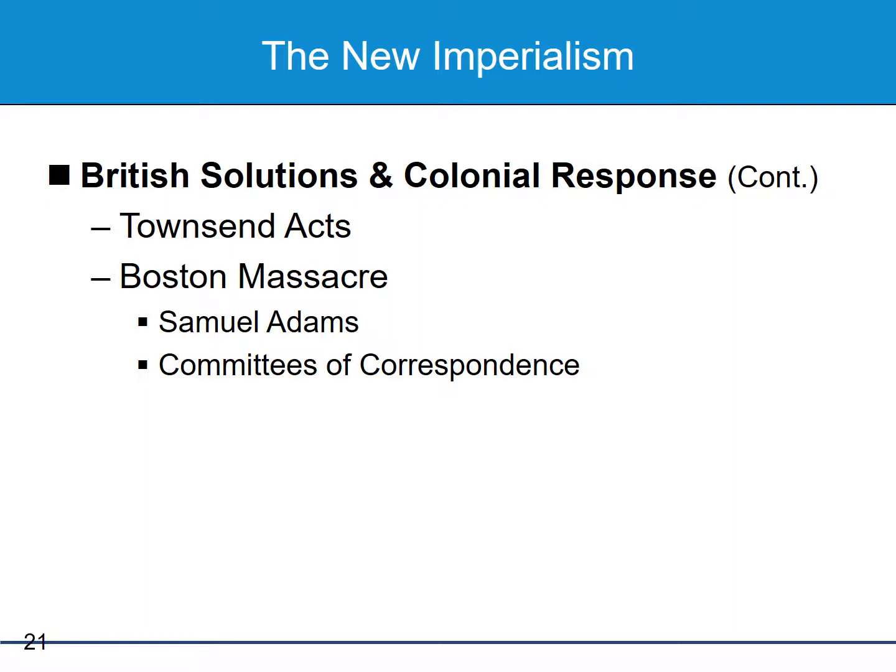And what began to happen was in early March, there was one of these smugglers that was arrested by the British troops there in Boston. And as the day went on, rumors began to spread through the city about the British, how they captured the smuggler and how he was treated, and things began to get blown out of proportion.